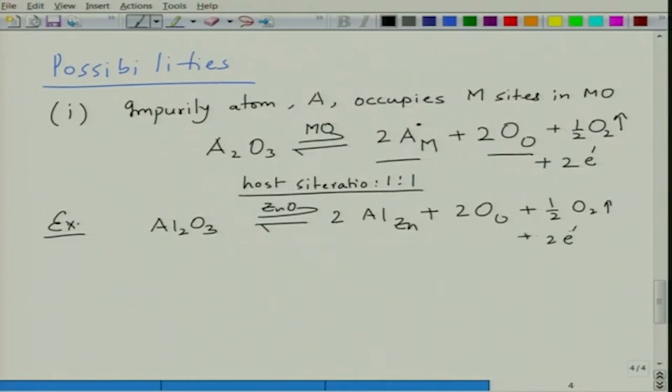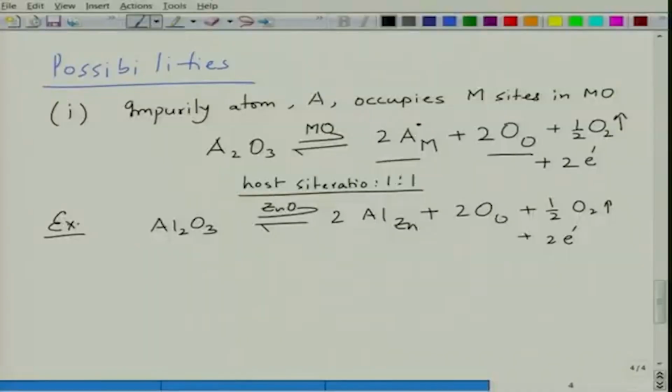So, basically doping of aluminum into zinc oxide has created electrons. So, aluminum doped zinc oxide is an N type semiconductor, and that is what it is. The aluminum doping of zinc oxide makes it an N type conductor. This is something that you do purposefully, but if you do not do purposefully, this might happen inadvertently if you have impurities present. What is the other possibility?